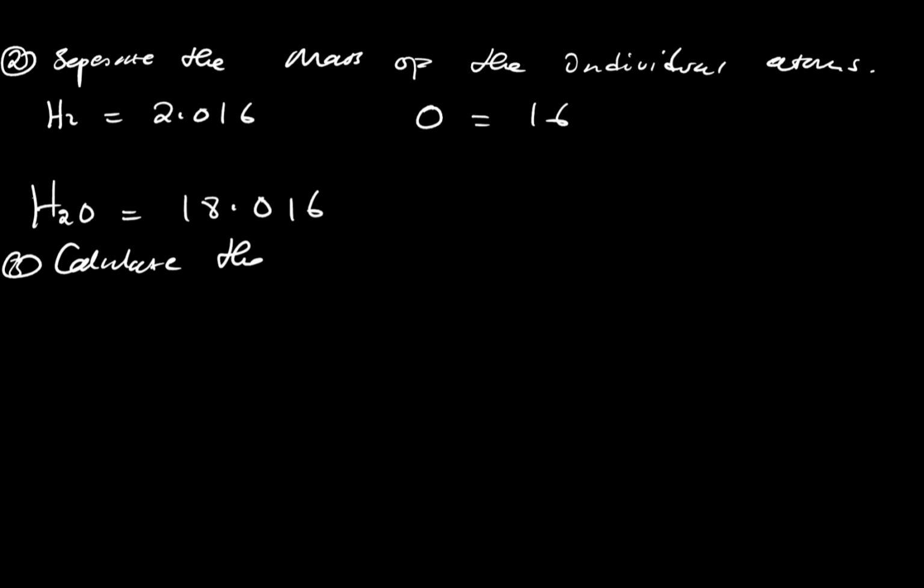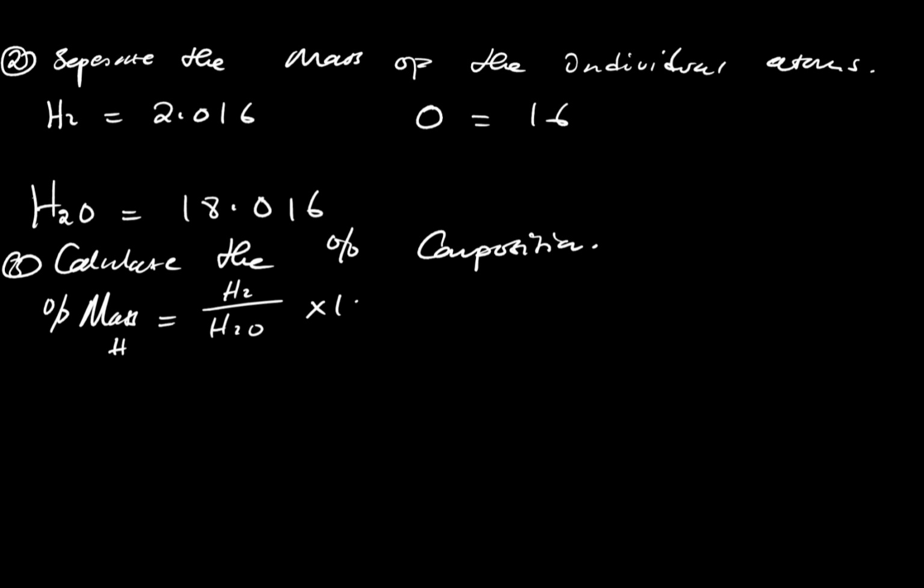Then after that, we can now calculate the percentage composition. We'll start with the percentage composition by mass of hydrogen. We said H2 divided by H2O times 100%, which is 2.016 divided by 18.016 times 100%.